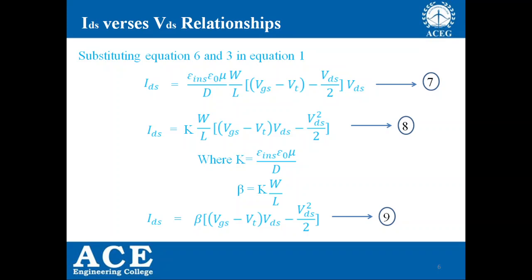So, let us write the same IDS in terms of Cg and in terms of C naught. All the 4 equations are important: IDS in terms of K, IDS in terms of beta, IDS in terms of Cg, and IDS in terms of C naught.